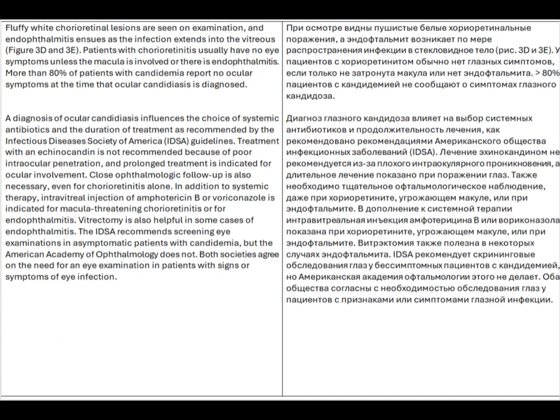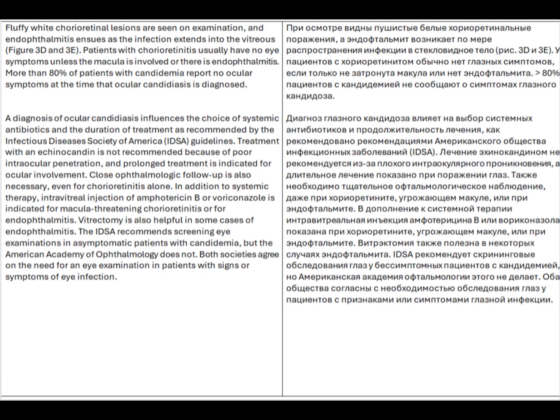Fluffy white chorioretinal lesions are seen on examination, and endophthalmitis ensues as the infection extends into the vitreous, figure 3D and 3E. Patients with chorioretinitis usually have no eye symptoms unless the macula is involved or there is endophthalmitis. More than 80% of patients with candidemia report no ocular symptoms at the time that ocular candidiasis is diagnosed.